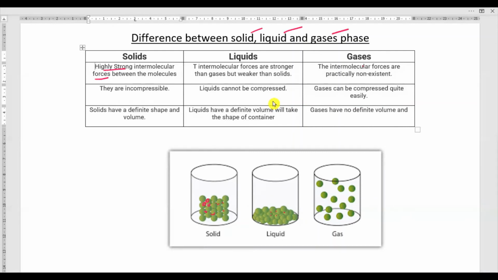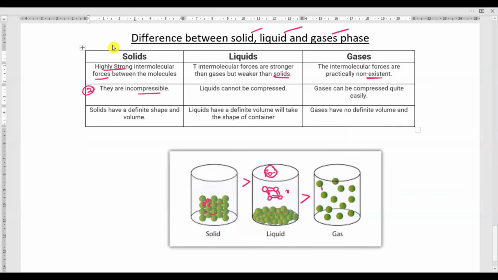But in liquids, the molecules are not closely packed. There will be some space between the two molecules, and the force of attraction between two molecules is weaker compared to solids. It does not mean that the force is zero. No, the force of attraction between two molecules will be there, but it is not more than in a solid. It is less than in solids.